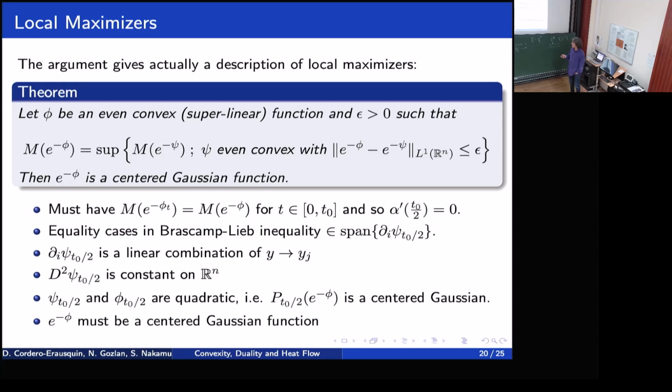Now, it's easy to deduce from this that this must be a centered Gaussian. Either you use some sophisticated result that says that if x plus g is Gaussian, x must be Gaussian, but in this case you can also just use injectivity of the Fourier transform in L1. This implies directly this local result.